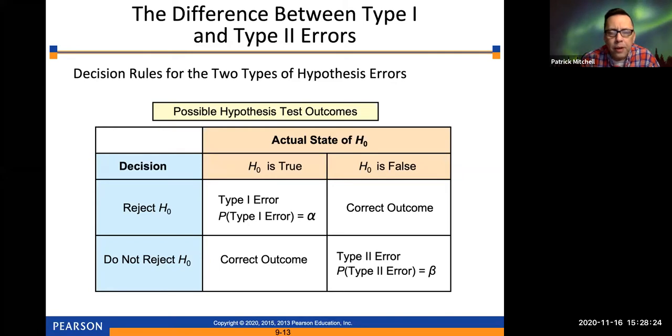And again, the probability of making that type of error is called beta. Of course, these other two outcomes would be correct. If you reject the null hypothesis and the null hypothesis is false, then you did the right thing. If you don't reject the null hypothesis and the null is true, then you also did the right thing.